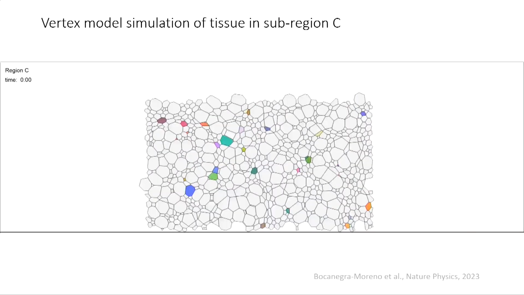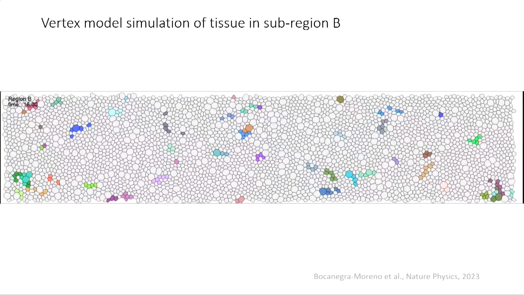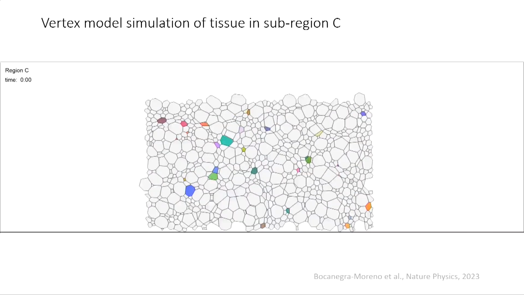In subregion B, the cells are mostly hexagonal or close to hexagonal, and very similar in shape. So this is solid. This is the subregion C, where you could already see it's highly heterogeneous, and it's not hexagonal.